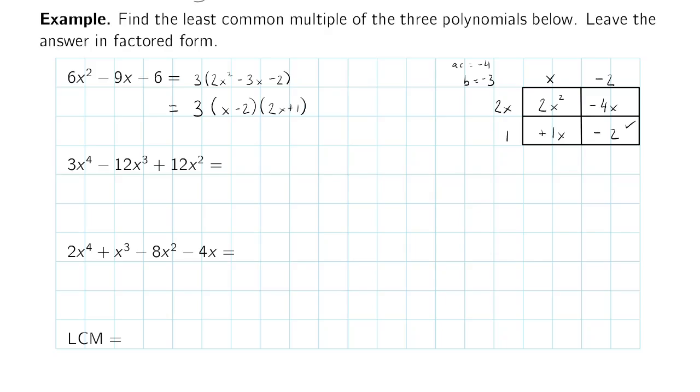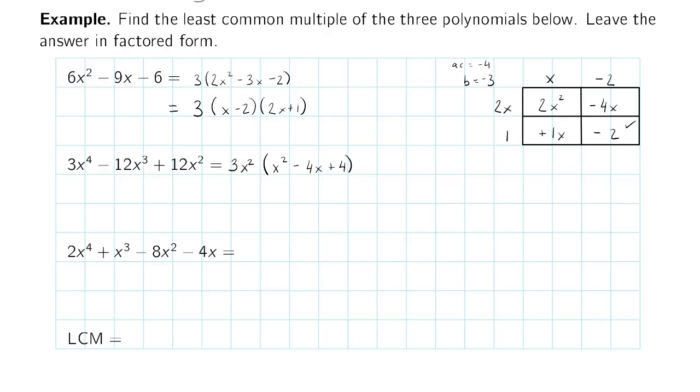Okay, next polynomial. I've got 3x to the 4th minus 12x to the 3rd plus 12x squared. I think I can factor out a 3x squared, and then I'll have x squared minus 4x plus 4.